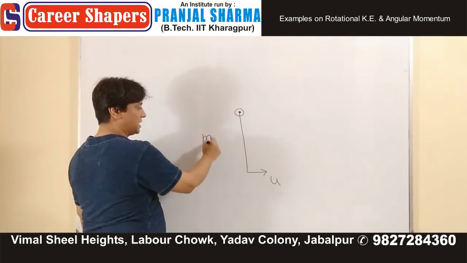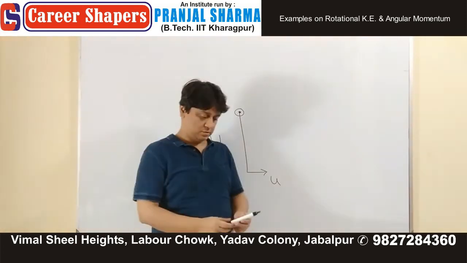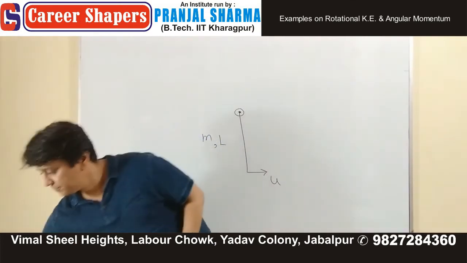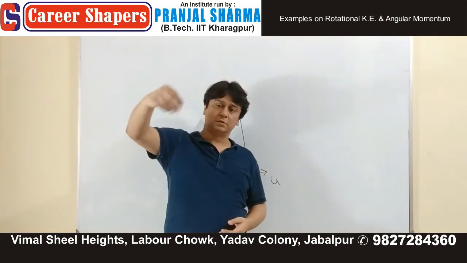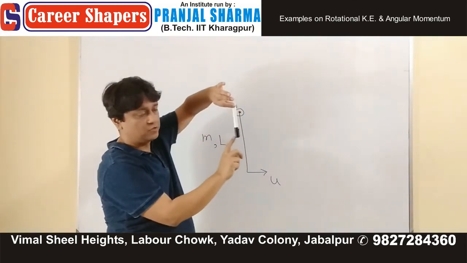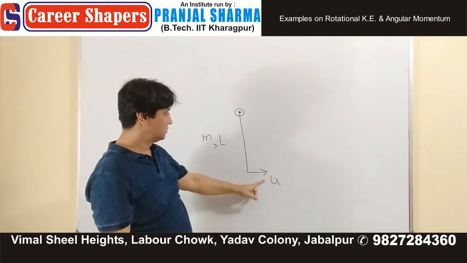Mass of the rod is m. Its length is l. This is the rod, and it can rotate like this. So what we have done, we have given this end, the lowest end, a velocity of u.